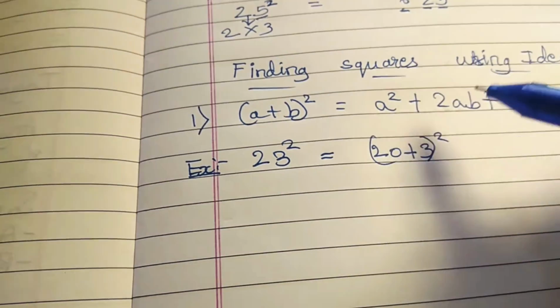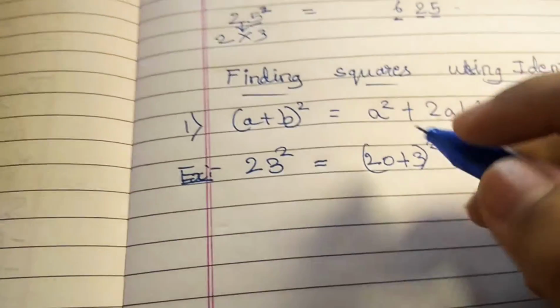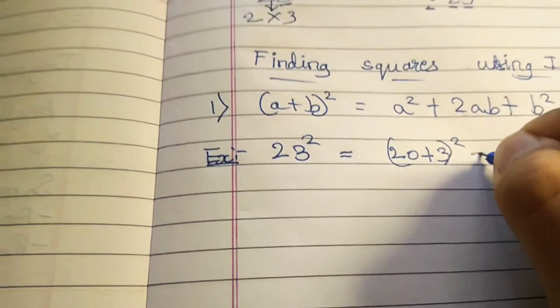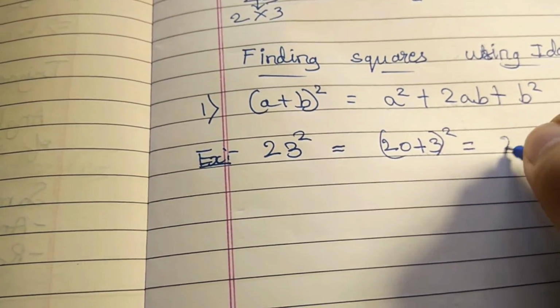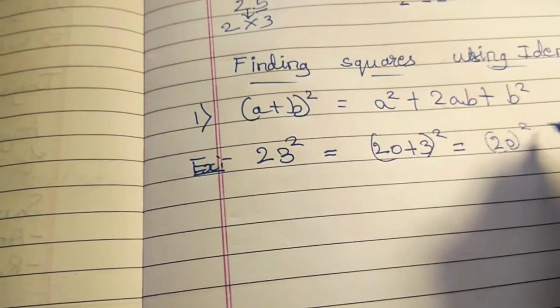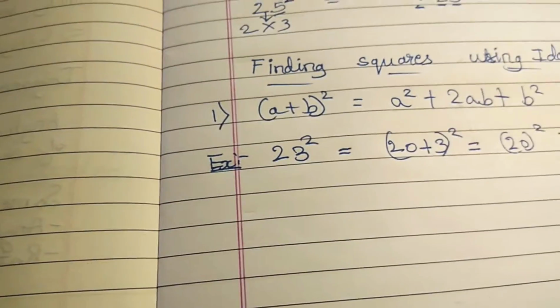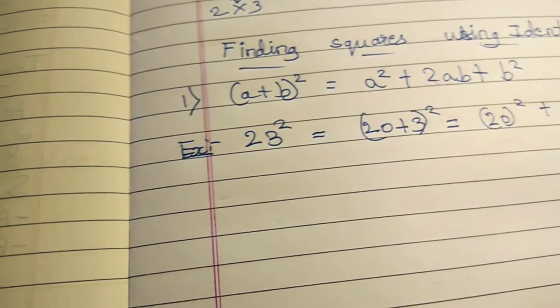So 20 plus 3 whole square is equal to 20 square plus 2 into 20 into 3 plus 3 square.